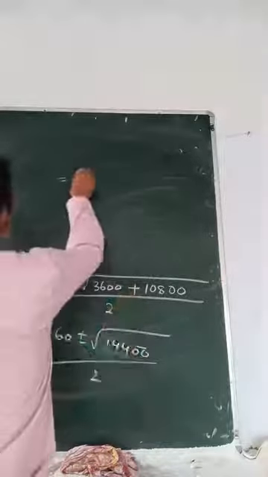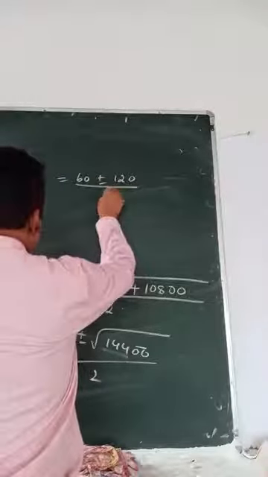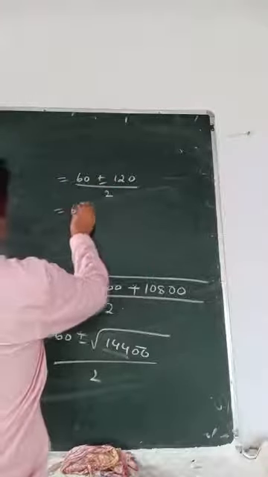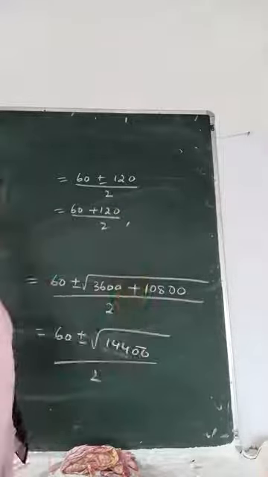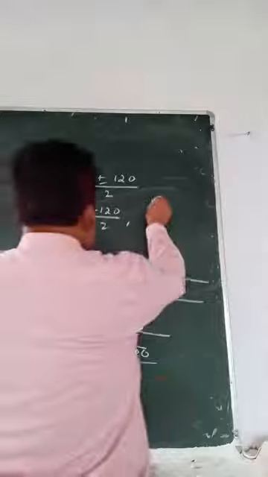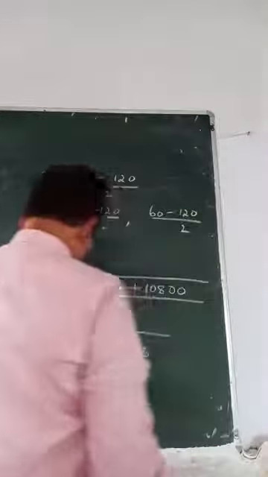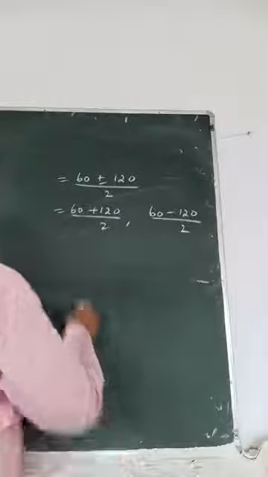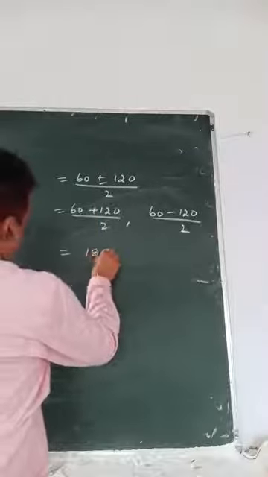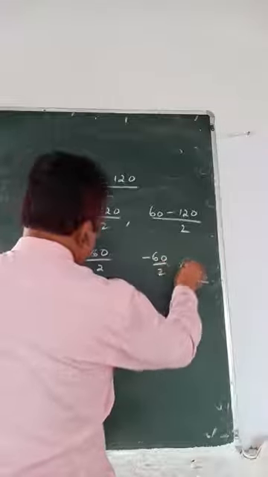So that is 60 plus minus 120 by 2. 60 plus 120 by 2, 60 minus 120 by 2. So this is 180 by 2, and 60 minus 120 by 2 is negative, which is rejected.